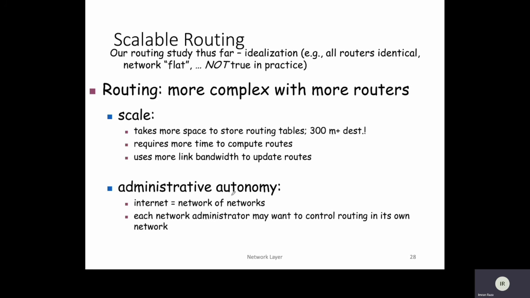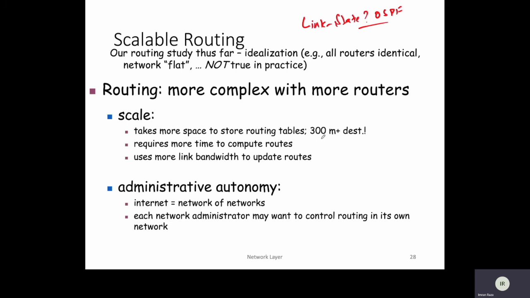Why? Just take the example of link state. What happens in the link state routing algorithm, or what happens in OSPF, which is based on link state? Every node has the complete topology information.